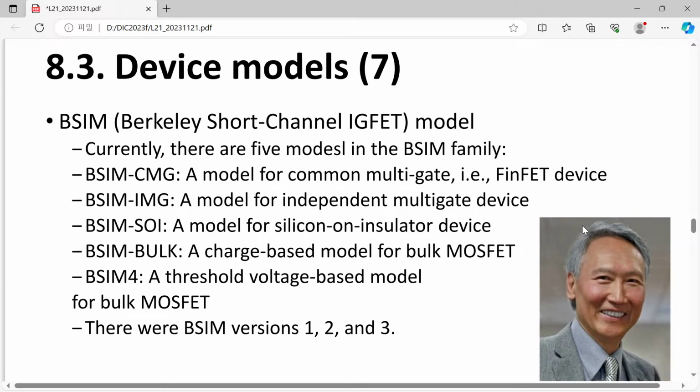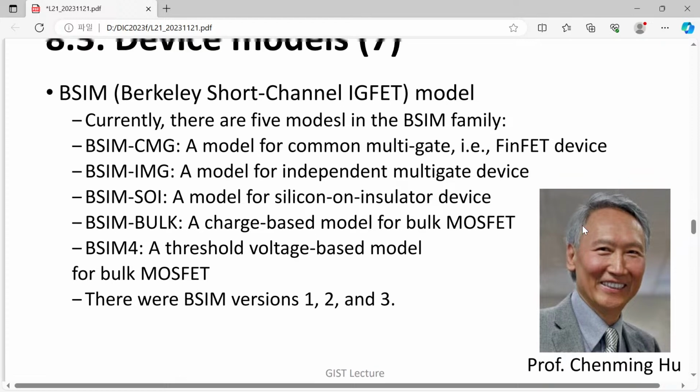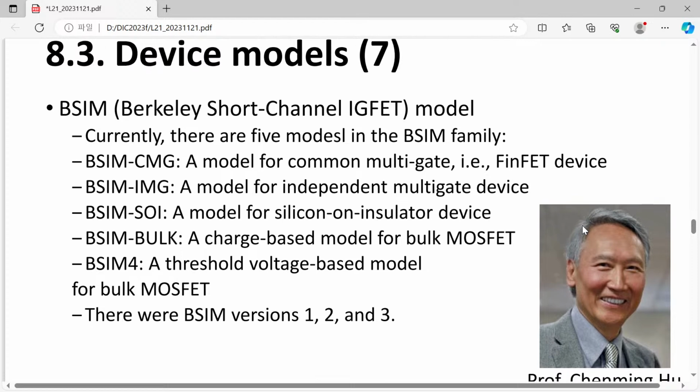Level 1 and level 3 were used, however, they are too simple to fit everything complicated in this device model or VLSI device. Therefore, the standard MOS model used in SPICE is simply BSIM.